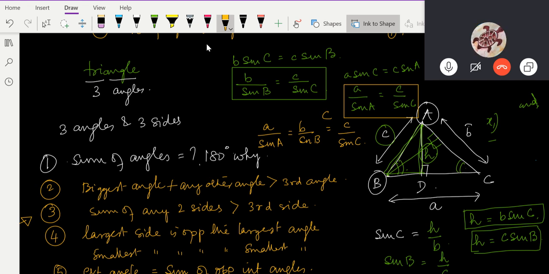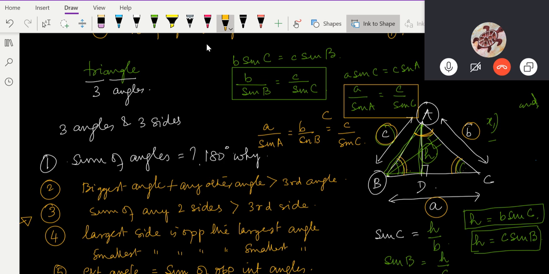Did you get this? So this is a very important property of any triangle, that any side divided by sine of the opposite angle, which is sine A, is equal to another side divided by sine of its opposite angle, and that is equal to the third side divided by the sine of the third angle, which is opposite.